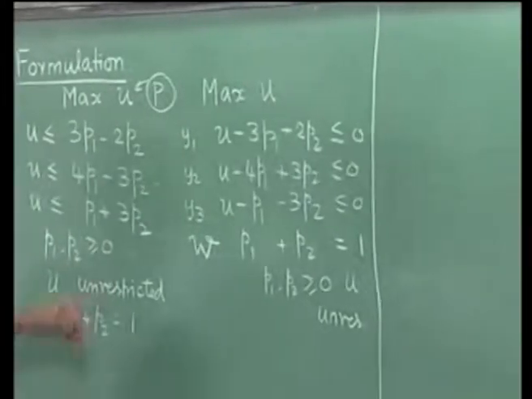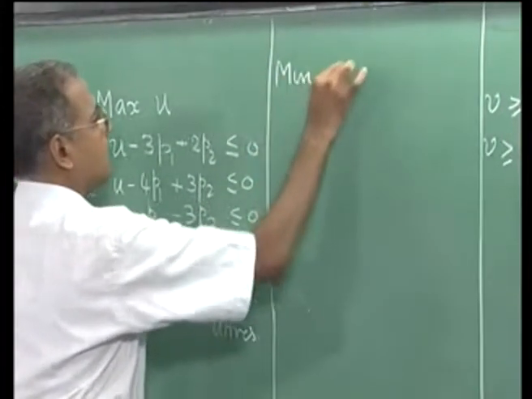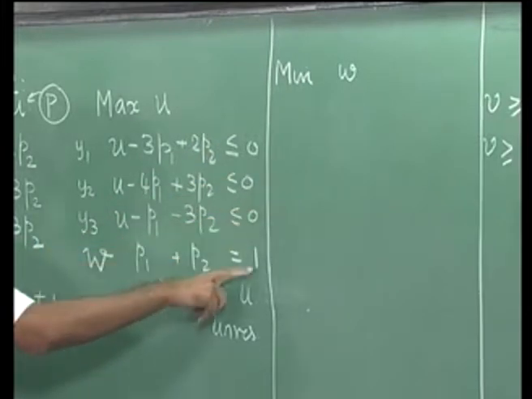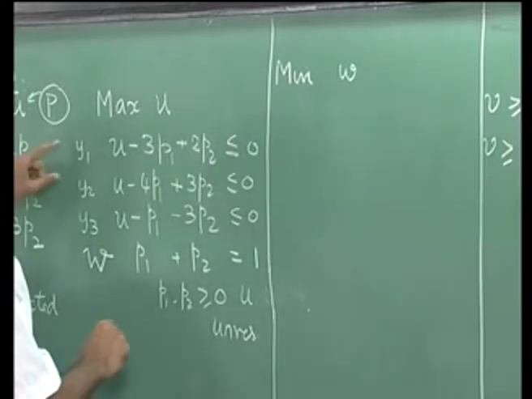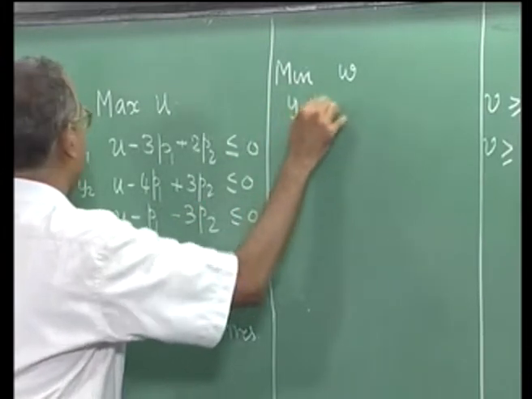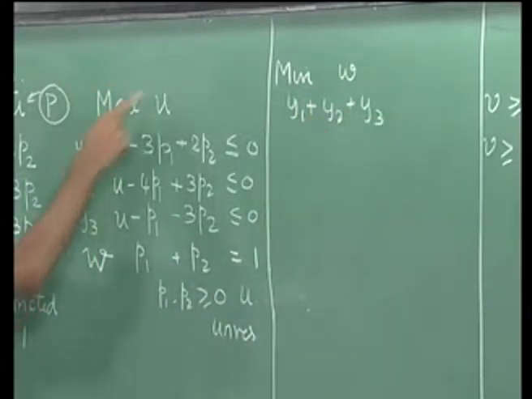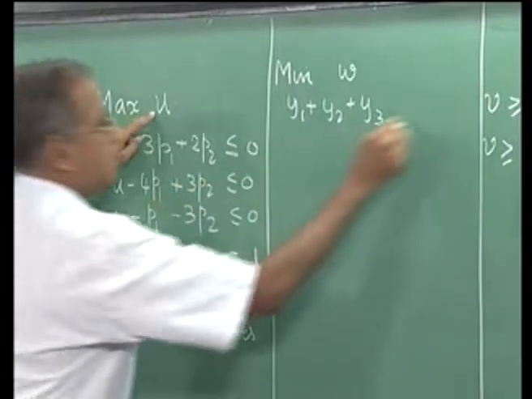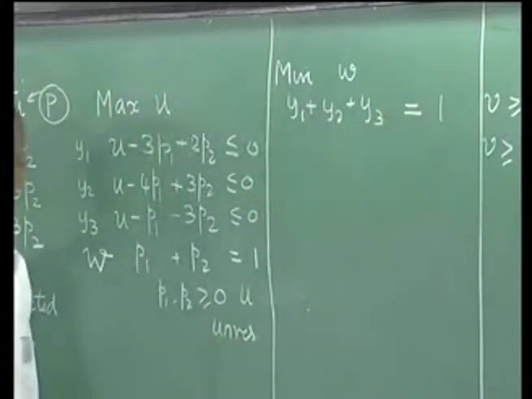Now, the dual will be to minimize w, because 0 y1 plus 0 y2 plus 0 y3 plus 1 into w. Now, the first constraint will be y1 plus y2 plus y3 corresponding to the variable u. The right hand side is 1, because u is unrestricted, this will be an equation.